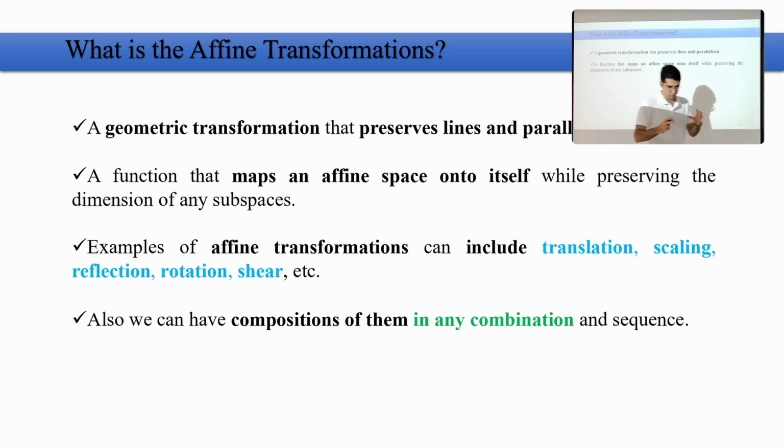We also want to keep the dimensionality of each point when we apply movements on the space of the map that we have. Basically we can have translation, scaling, reflection, rotation, shear, and any combination of all of those together.